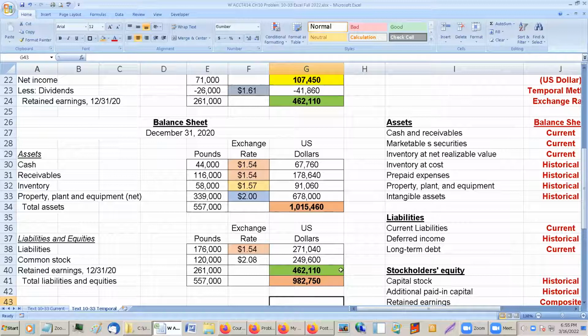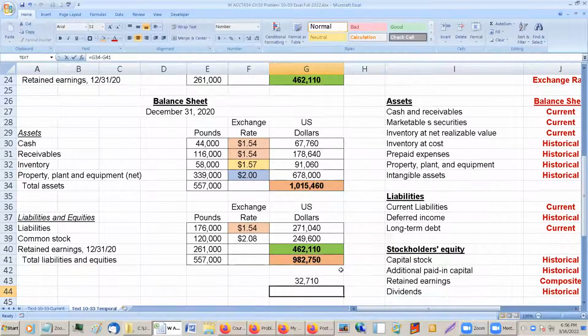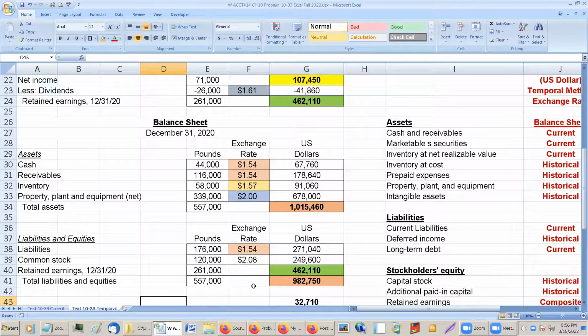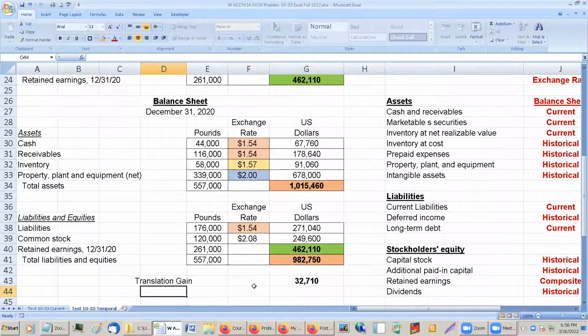Okay, find the difference. Would that be a gain or loss? It's a gain. Yep. And this would be part of the regular income.